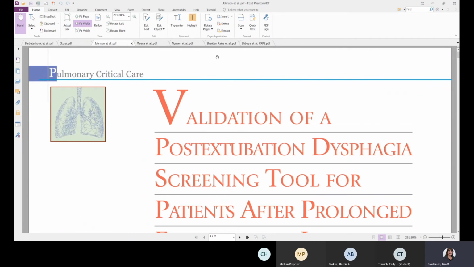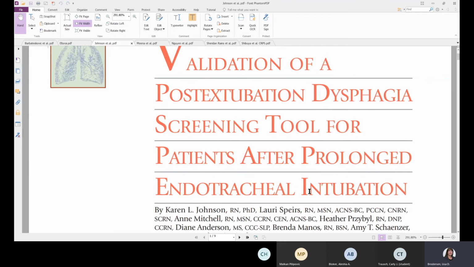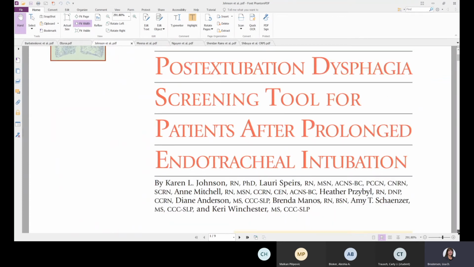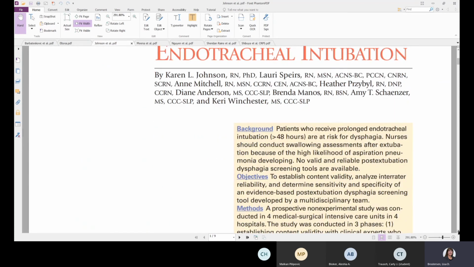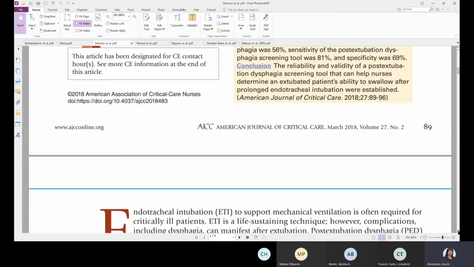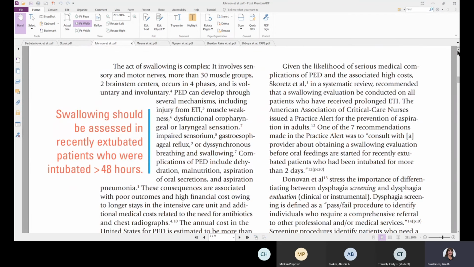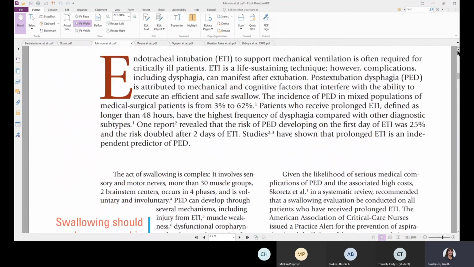Johnson's article is about post-extubation dysphagia, which is the problem, but they're proposing the use of a screening tool for patients after prolonged endotracheal intubation. So we get down here past the abstract to the problem introduction. Whoops, I skipped by it.